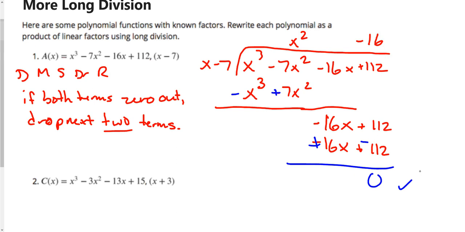Okay. And so you get x minus 7 times x squared minus 16. So with that in mind, actually x squared minus 16 factors farther, x minus 4, x plus 4, because it's a difference of squares. So this actually has three x-intercepts. It's got x-intercepts at 7, also at 4, and at -4.